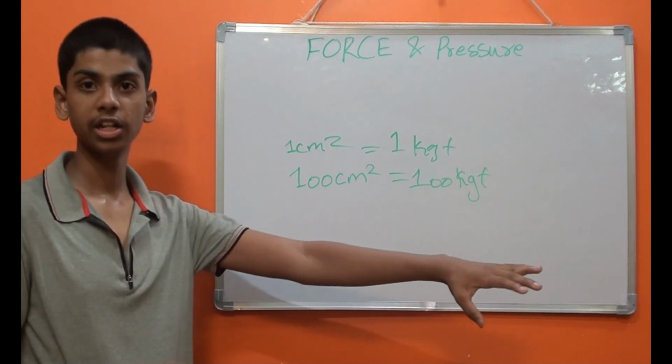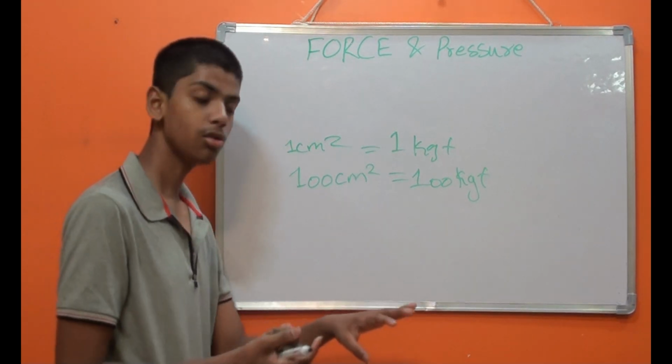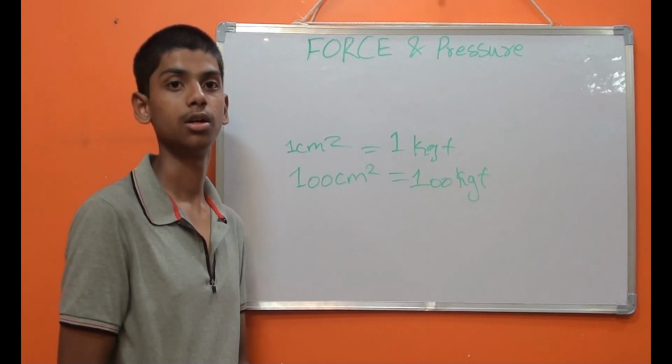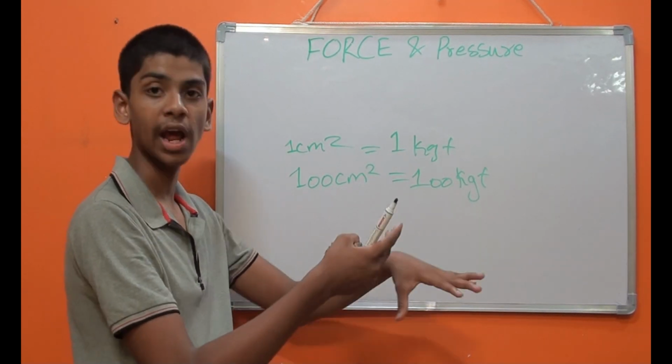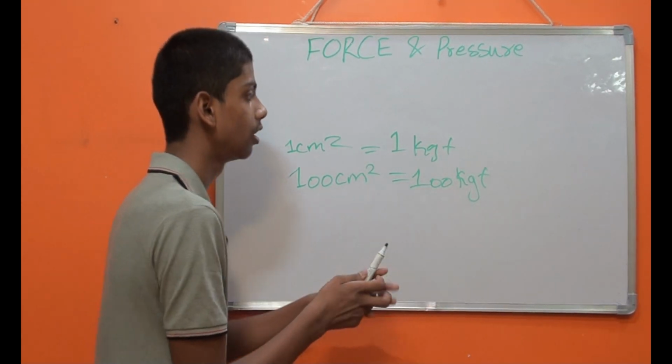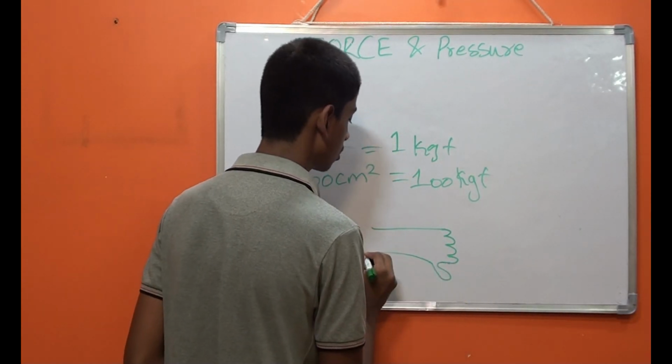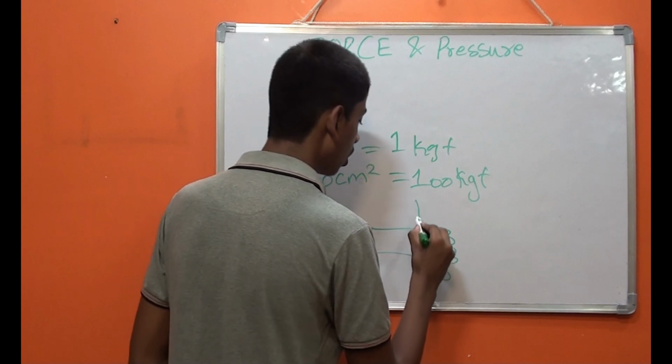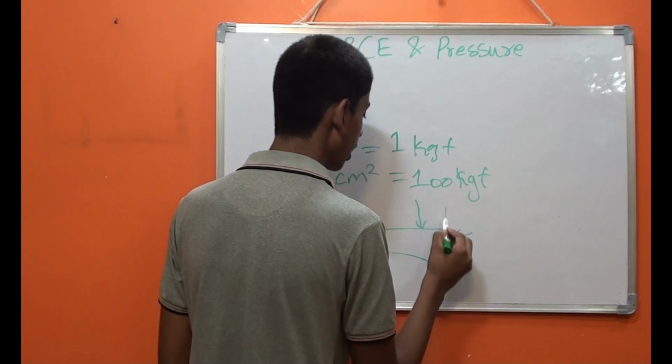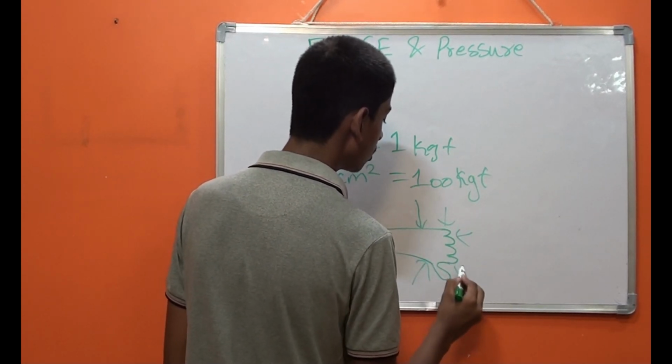If you keep your hand in the air like this, you won't feel that much force on your hand, because the force applied on your hand is equal in all directions. The atmospheric pressure from all directions is equal.